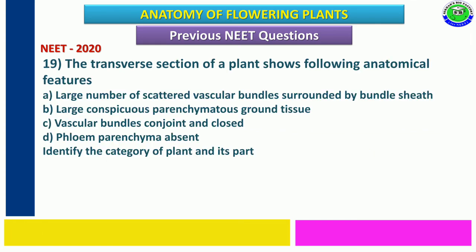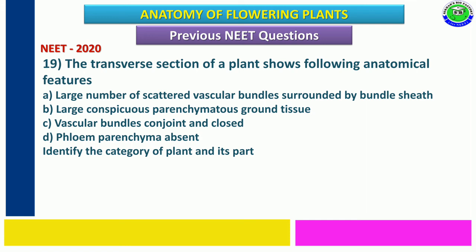Question number 19. The transverse section of a plant shows following anatomical features. A. Large number of scattered vascular bundles surrounded by bundle sheath. B. Large conspicuous parenchymatous ground tissue. C. Vascular bundles conjoint and closed. D. Phloem parenchyma is absent.